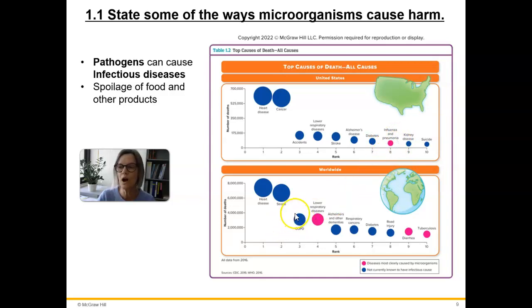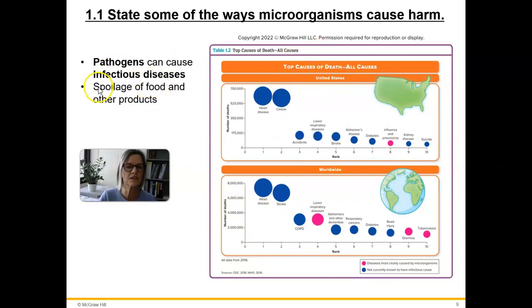If you look worldwide, lower respiratory diseases like influenza and pneumonia are a little bit higher in rank. But also, worldwide, diarrhea and tuberculosis are important infectious diseases. We'll touch on both of those this semester. So we're going to be talking about all sorts of different pathogens.